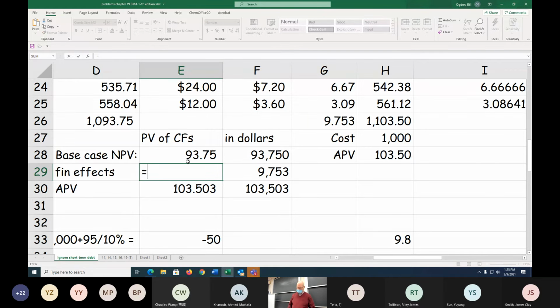So equals NPV. What rate? Has to be 8%. Yeah, 8% debt. And what are our two tax shields? 720 and 360.